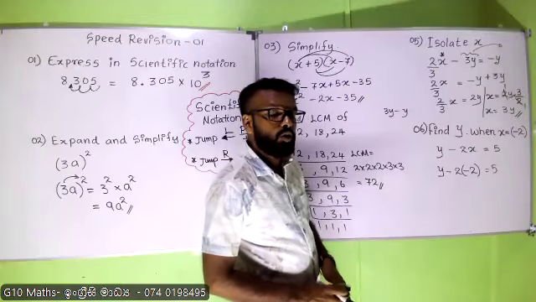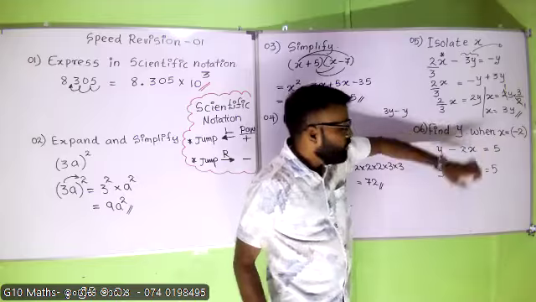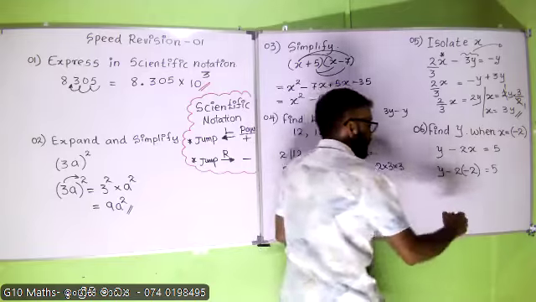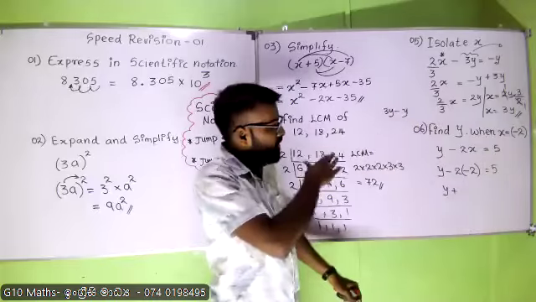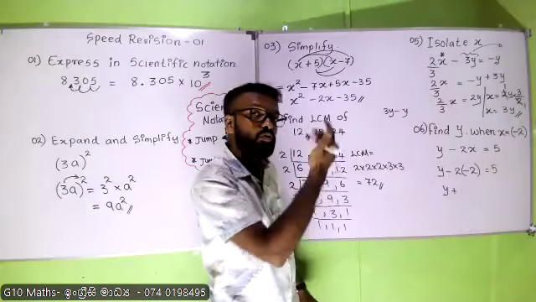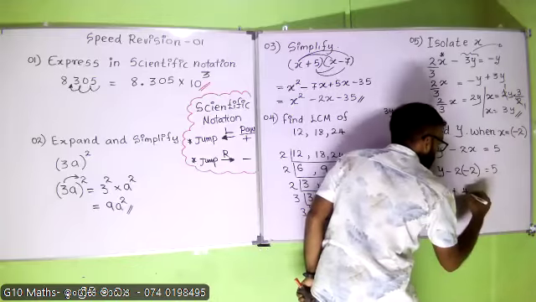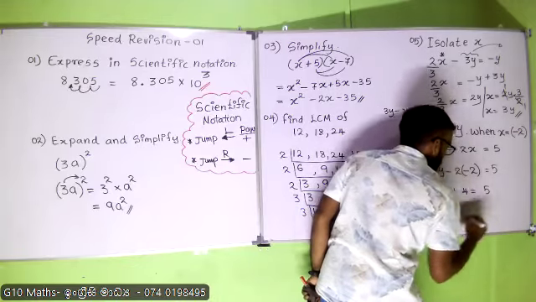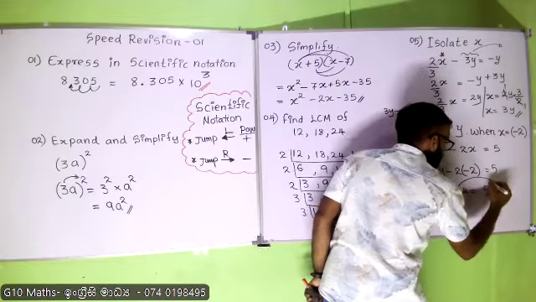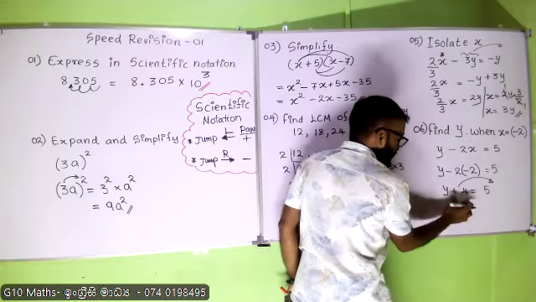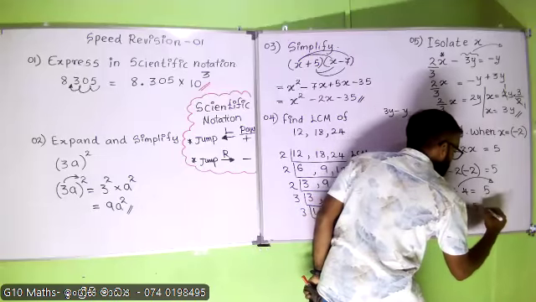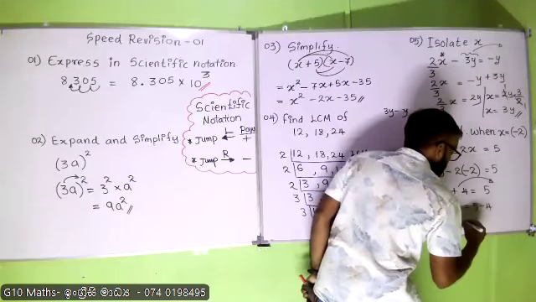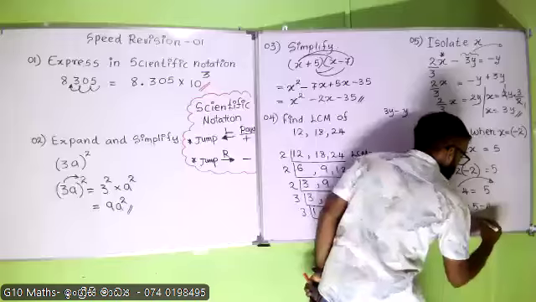First of all, you need to do sign conversion. Minus into minus, positive. 2 times 2, then go for numbers or terms. 2 times 2, 4. Then take this term to the other side. Positive 4. When it goes to the other side, it becomes negative 4. 5 minus 4. Y equals 1.